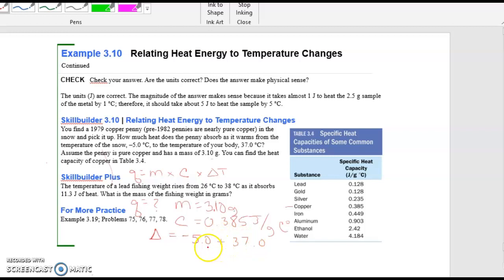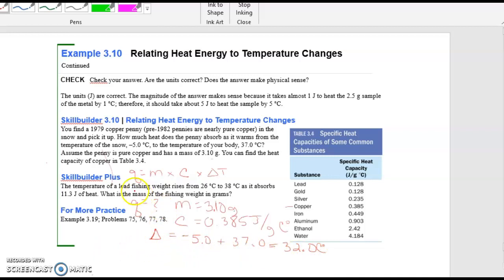Okay, so if you guys were to put that into your calculator, you end up with equals 32.0 degrees Celsius. Okay, so remember with addition and subtraction, you're going to go by places past the decimal. They each go 1 place past the decimal, so our answer has to go 1 place past the decimal.